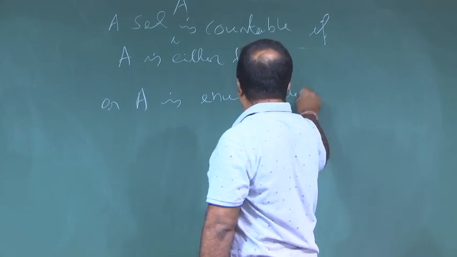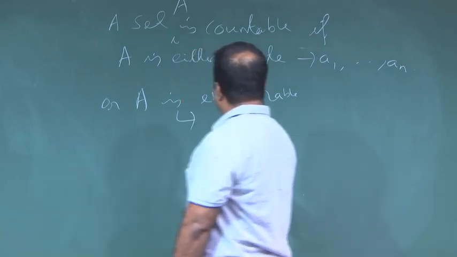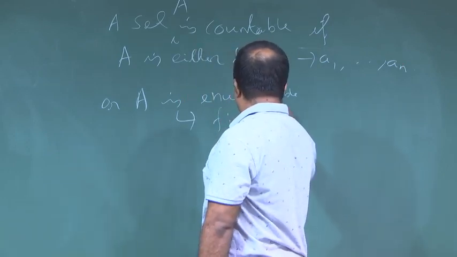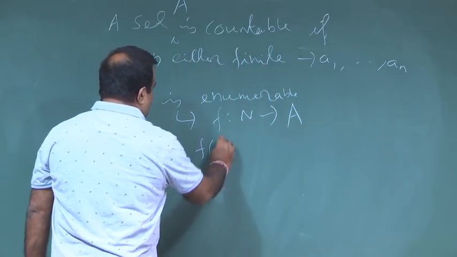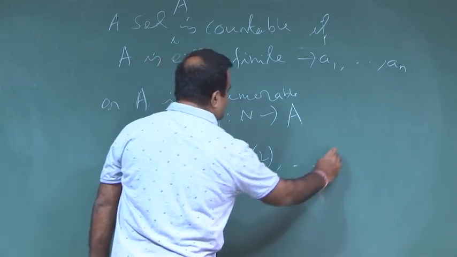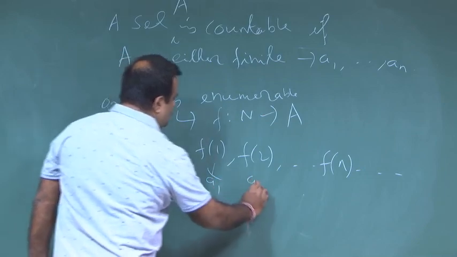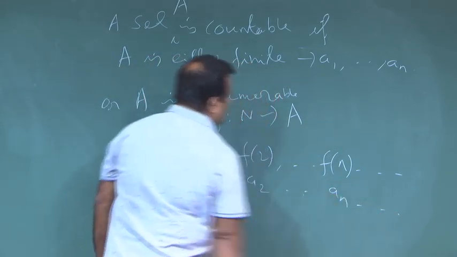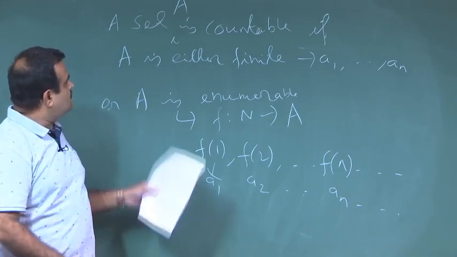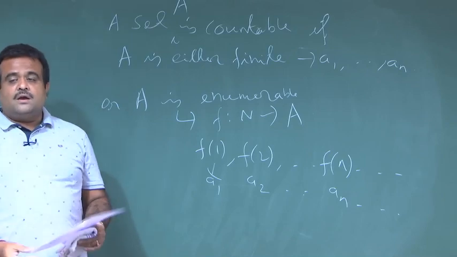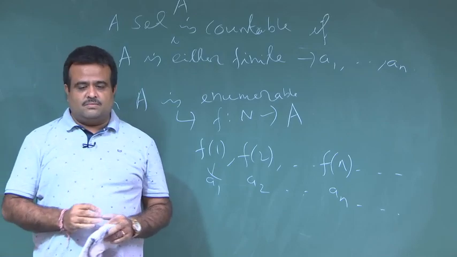So, if it is finite, it can be written as a1, a2, up to an, or if it is enumerable, then there is a bijective function f from N to A. So, A can be written in sequence form a1, a2, up to an. So, this is the definition of a countable set. A set is countable if it is finite or if it is enumerable. Thank you.